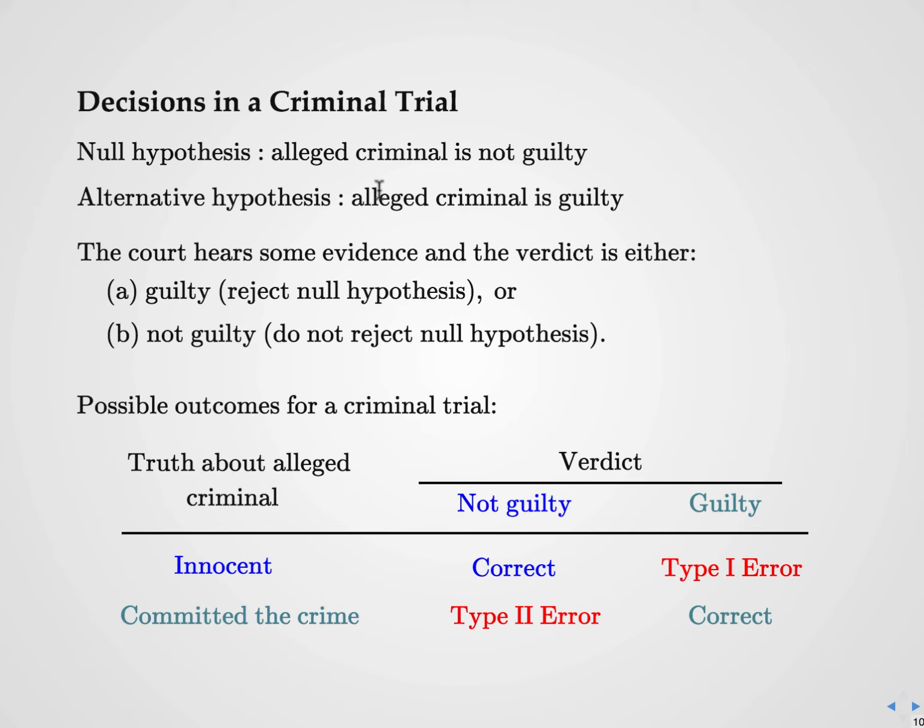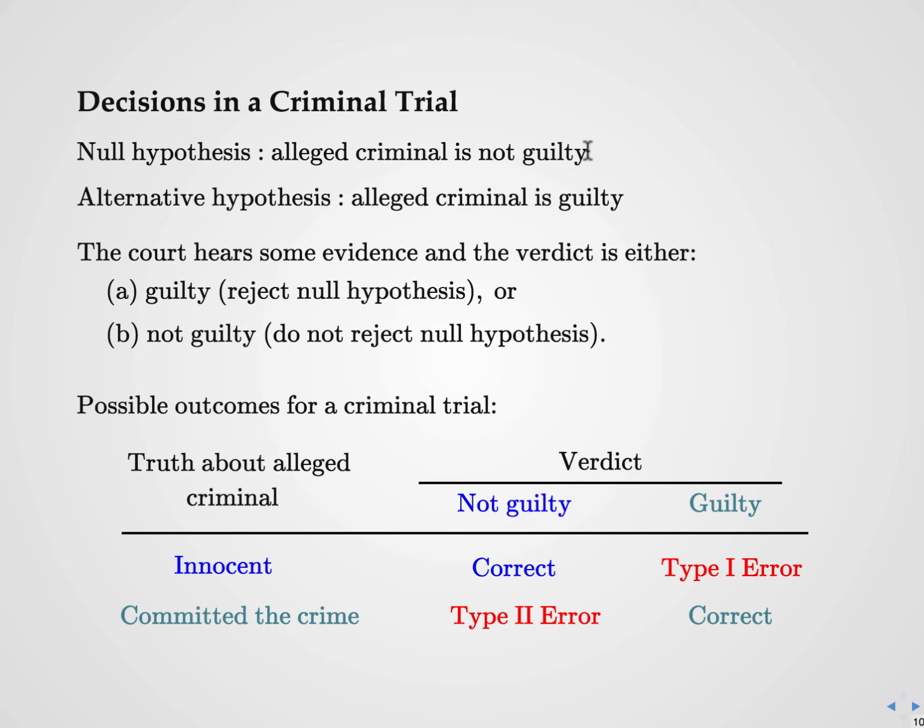Now, in a criminal trial, the null hypothesis is that the alleged criminal is not guilty. This is the presumption of innocence, if you like, where we start off from the starting position that the criminal is assumed to be not guilty.